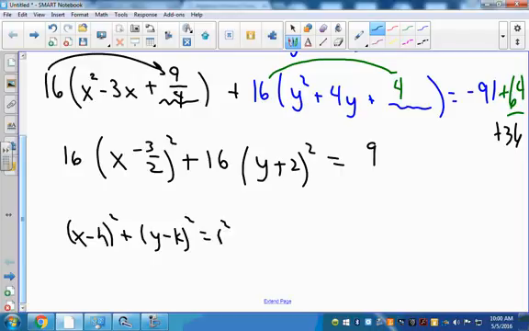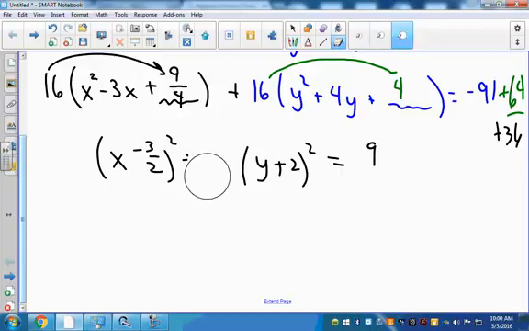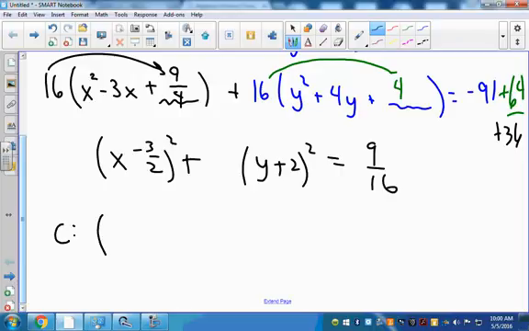So what do you suspect I might want to do with the 16? Divide it out, exactly. So when I divide that out, this now becomes 9/16, and now you can read off the center is the point (h, k), 3/2, comma, negative 2, and the radius is 3/4. That's the radius squared over there. Okay, radius is 3/4.